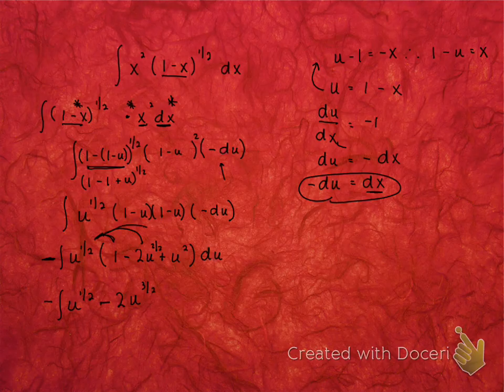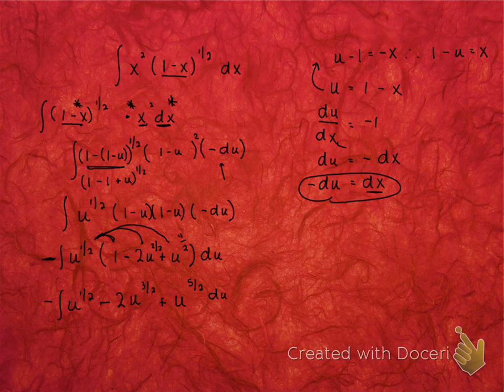And then we'll go out to the farthest. Now u squared is the same thing as u to the 4/2, because 4 divided by 2 is 2, and we started with a u squared. So u to the 1/2 times u to the 4/2, 1/2 plus 4/2 is 5/2.